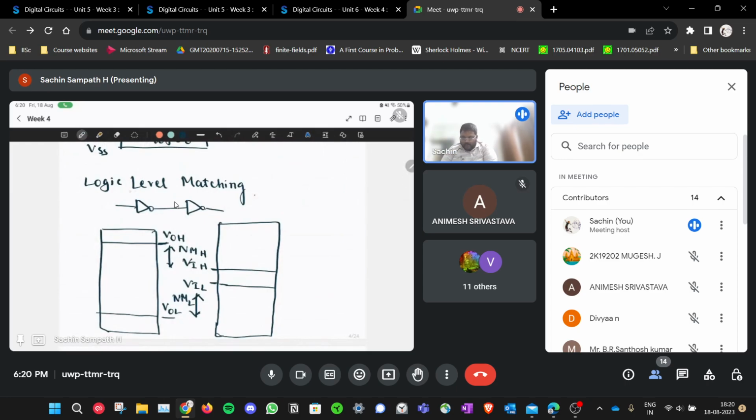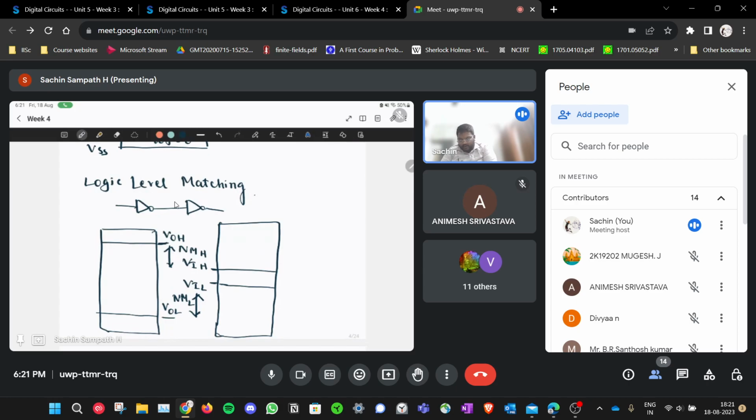See, suppose you have an inverter, like I have shown here. You have two inverters and you have connected one after the other. Then VOH is kind of a threshold for the output level. When the output of the inverter is above VOH, you consider it as a logic 1.